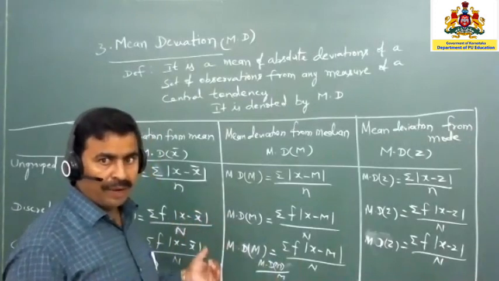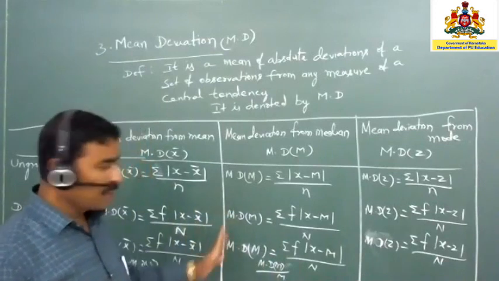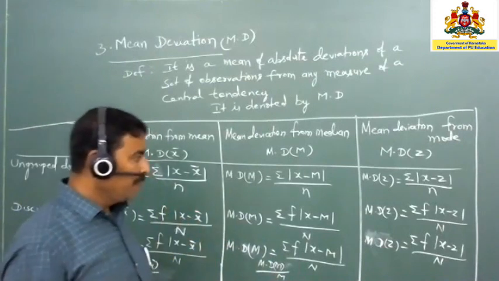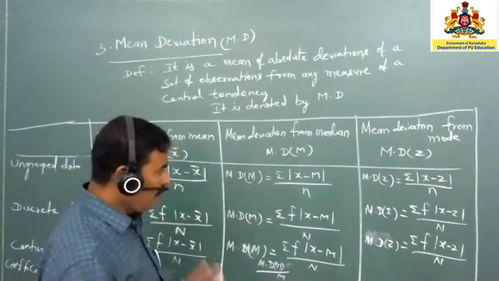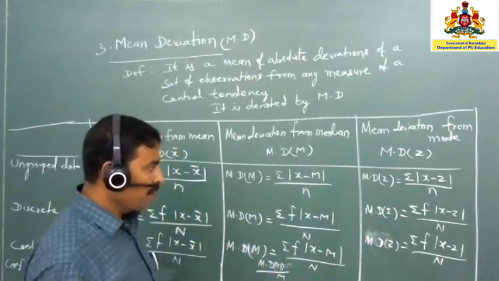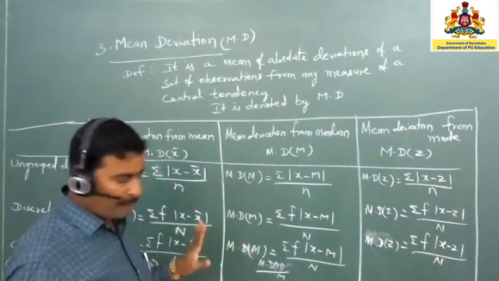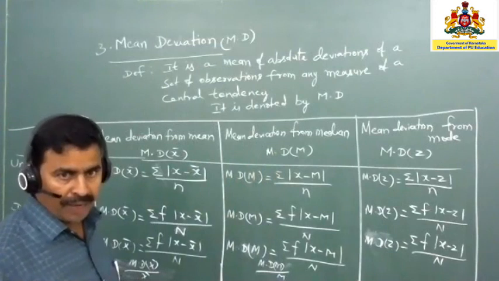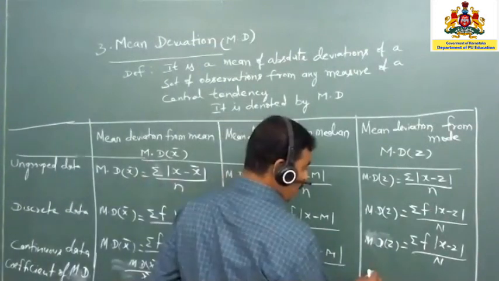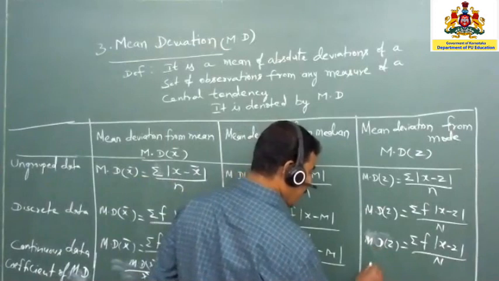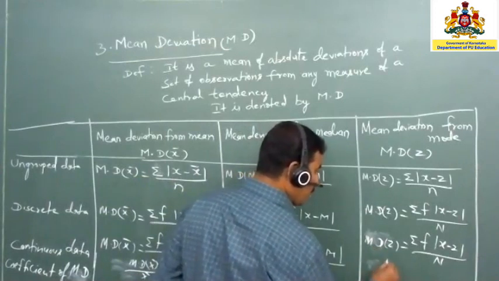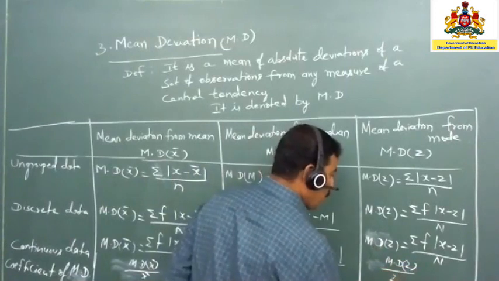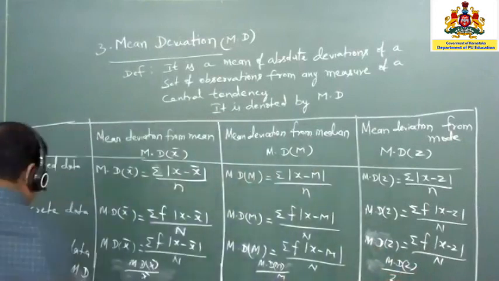If ungrouped data is given, ungrouped data procedure, discrete data method, and continuous data method should be followed. Then deviations are taken from the respective averages, then totals are substituted. All these formulae depend on the question, whether the mean deviation is from median, mode or mean. Then coefficient of mean deviation from mode is mean deviation from mode by mode.